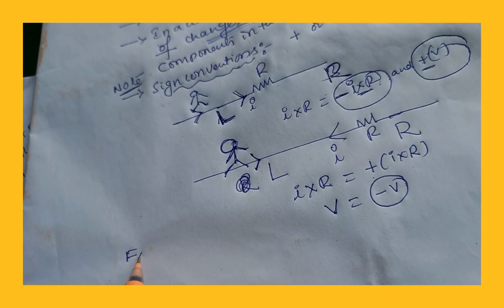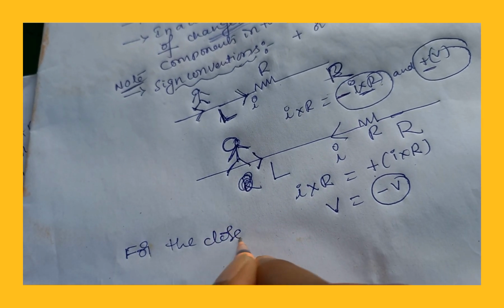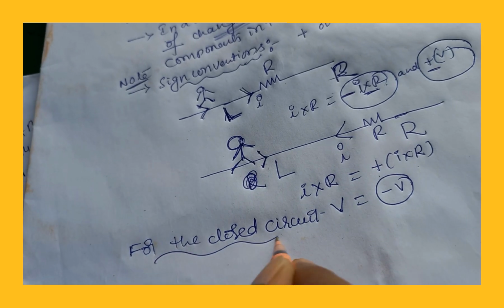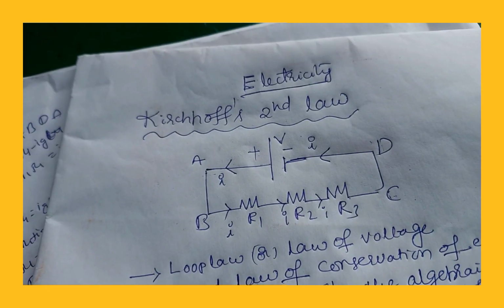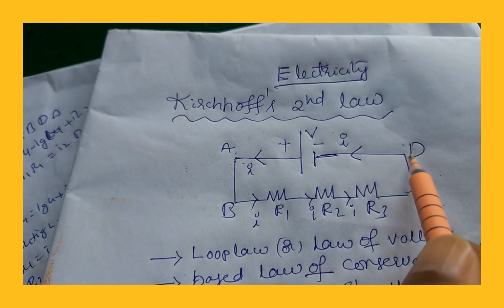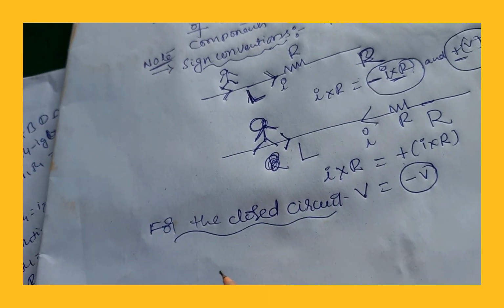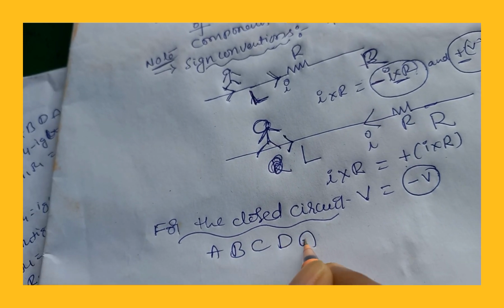For the closed circuit, so what is a closed circuit? Here you can see A, B, C, D, A. So we are taking a closed circuit A, B, C, D, A.